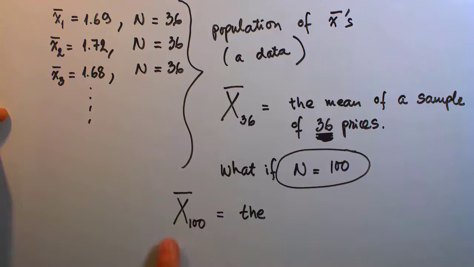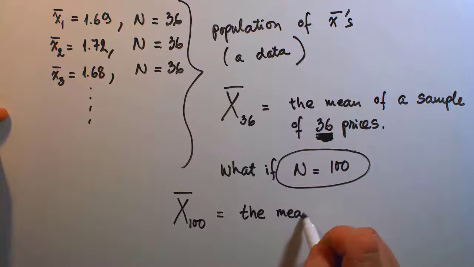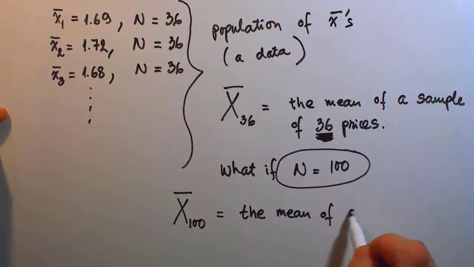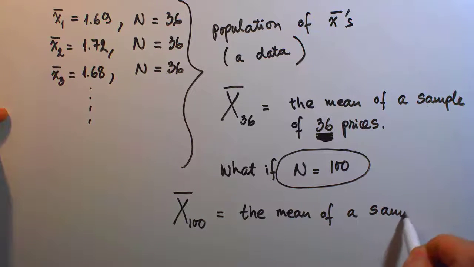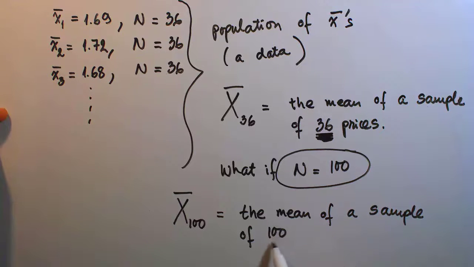Any value here for capital X bar 100 is the mean of a sample, but in this case, a sample of 100 prices nationwide.